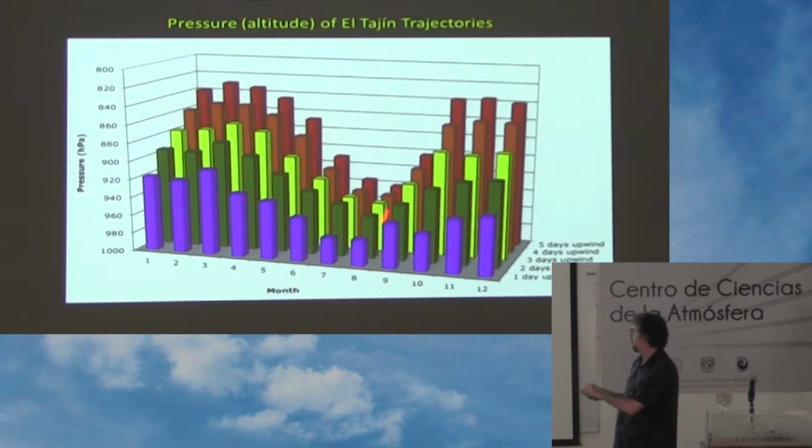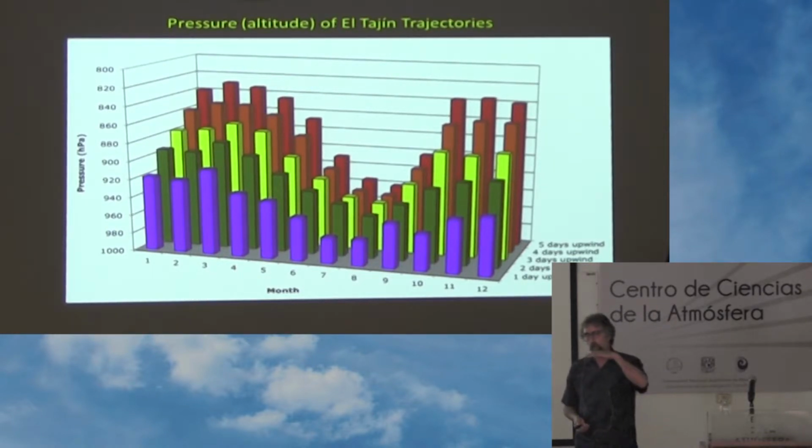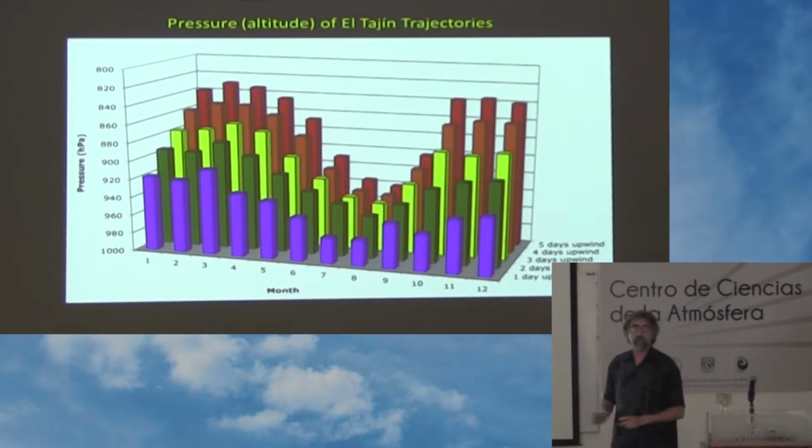The altitude of the air as the trajectories are bringing the air to Veracruz is between about 980 and 900 hectopascals. So that's between about 200 meters and 1 kilometer. So it's in the boundary layer, the capa limite, exclusively.